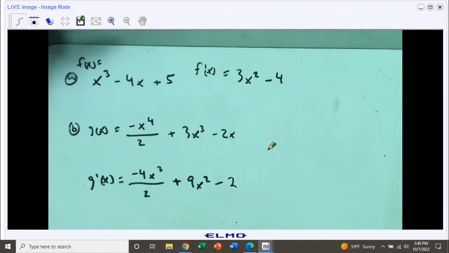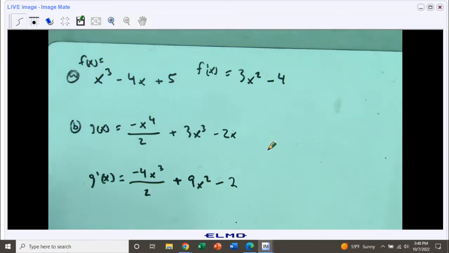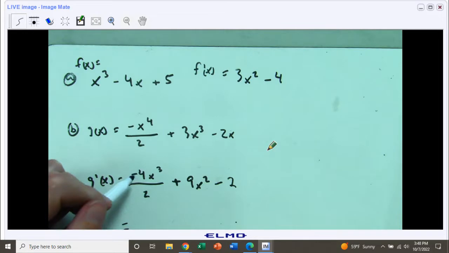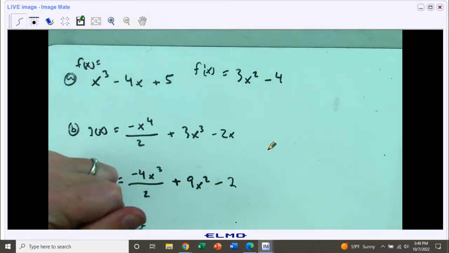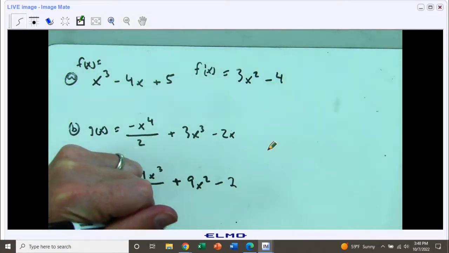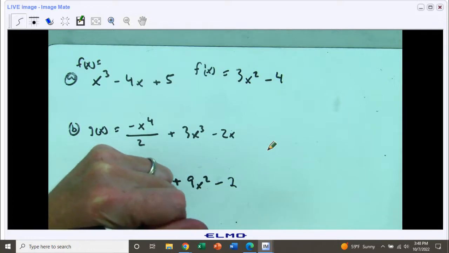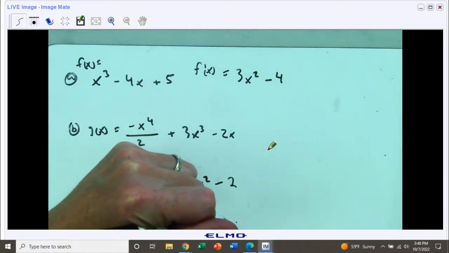So there we go. And then you always think to yourself, can I clean this up a little bit more? Yeah, let's take care of this negative 4 over 2. So that's going to be negative 2x cubed plus 9x squared minus 2.